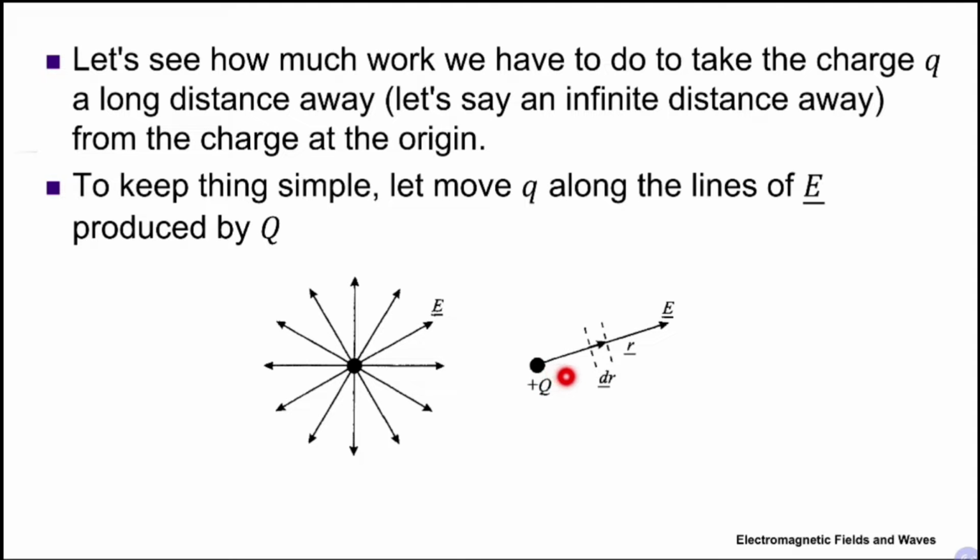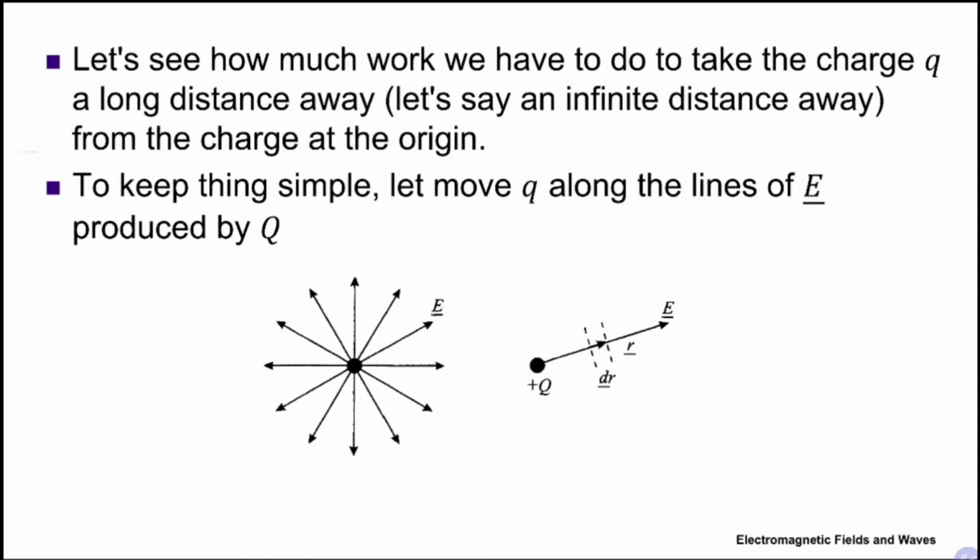If I want to move a charge, small letter q, from some distance r to very far away, somewhere at infinity, from that point all the way to infinity, how much work is done?